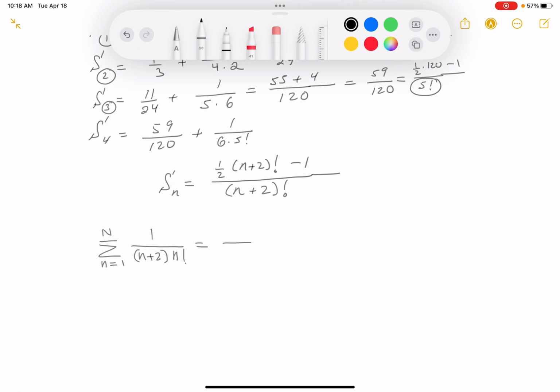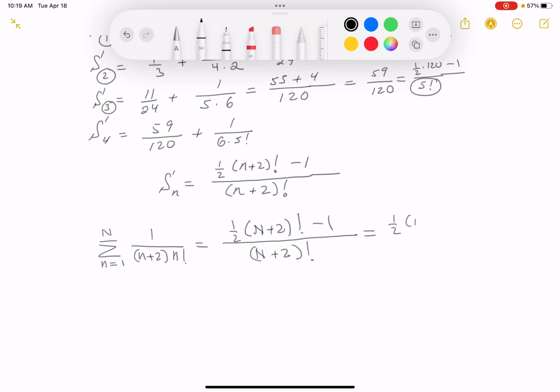I believe this is going to be equal to (1/2 big N plus 2 factorial minus 1) over (big N plus 2) factorial. I do want to clean it up a little bit. I've got to multiply top and bottom by, I've got to be careful here. You know what? I'm just going to split it into two terms now.